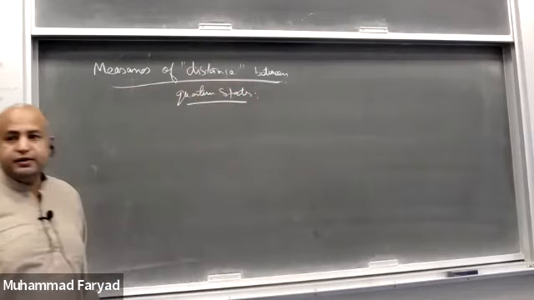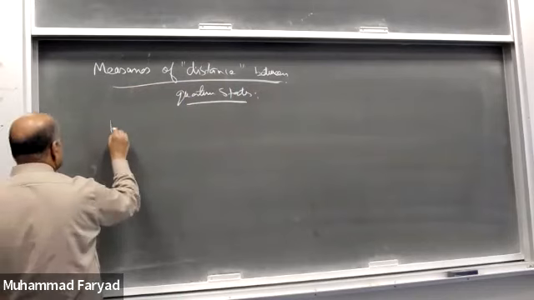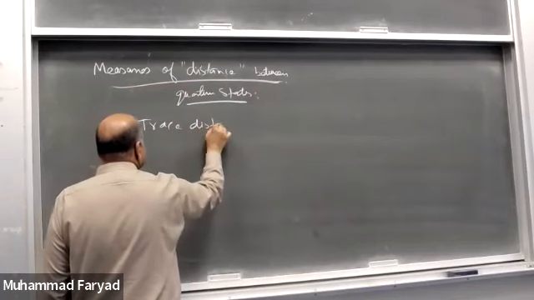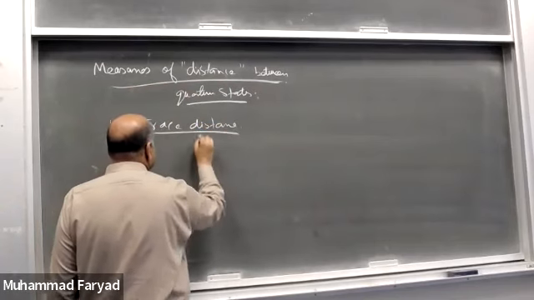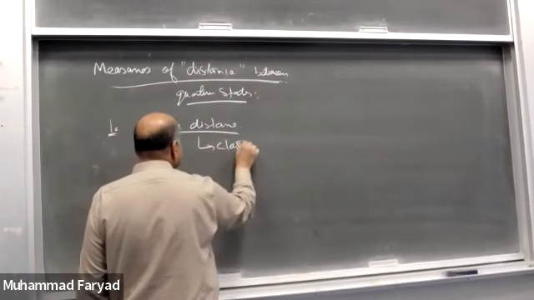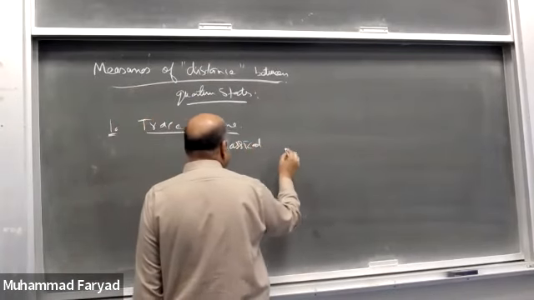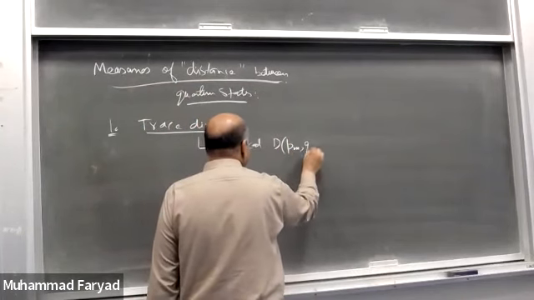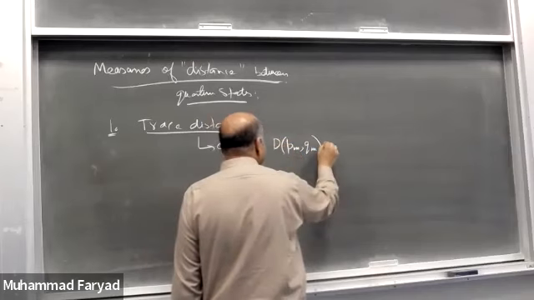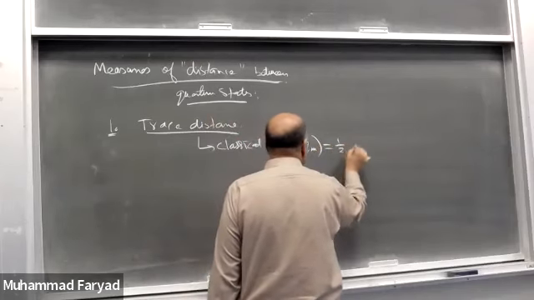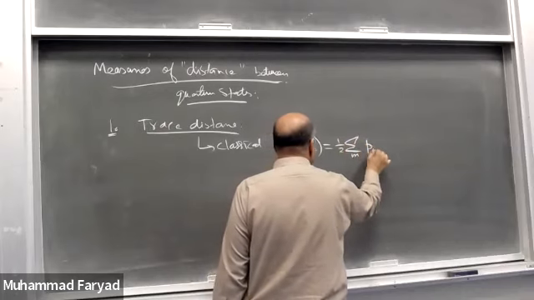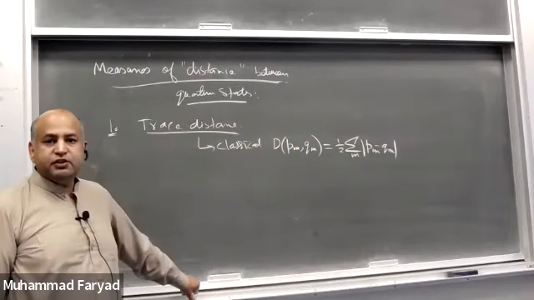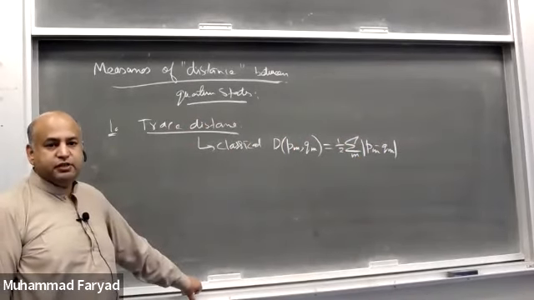So we saw one definition in detail, which was the trace distance. And if you remember, the classical trace distance was defined as, let's say we have two probability distributions P_m, Q_m, then the classical trace distance was defined as half the sum over absolute values of differences between corresponding probabilities of the probability distributions.